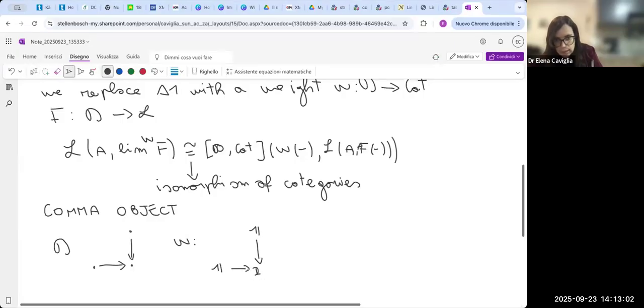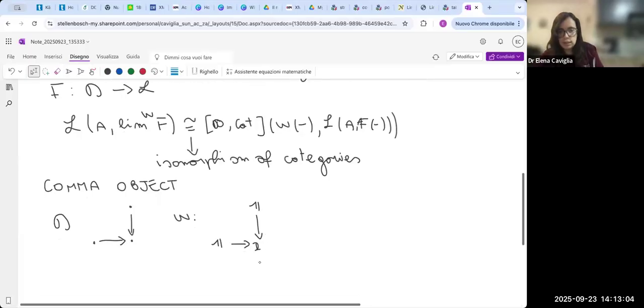Right? So what is the category 2? It is just the arrow. So 2, we can see it as an arrow from 0 to 1. This is the category 2. So our weight sends D into this shape, okay.